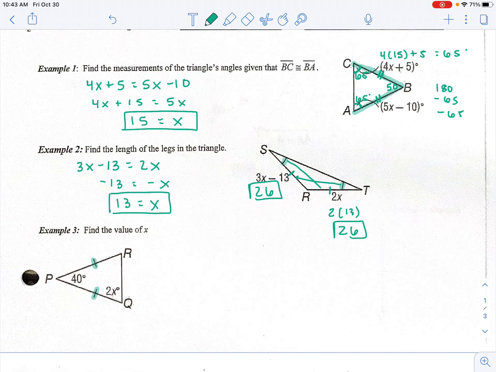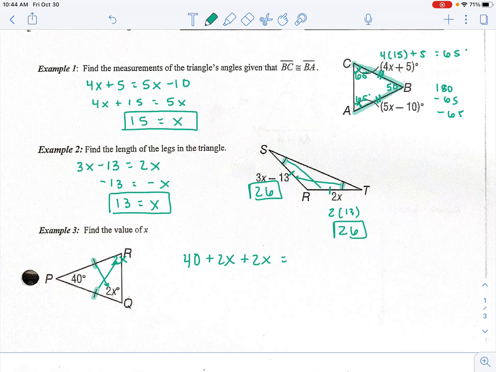Last one here. It says find the value of x. The markings tell us that PR is the same as PQ, which means that those sides are the same, so the angles opposite of them should be the same. The angle opposite of PR is 2x. The angle opposite of PQ is R, and we don't have anything there, but since we know they're the same, this is also going to be 2x.